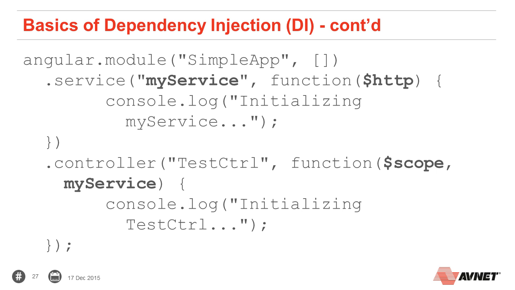So before this controller can be instantiated, the MyService needs to be instantiated. If the $http service has not yet been instantiated, it would need to be instantiated. And then this service is just logging into our console, initializing MyService. So when this does get instantiated, you would see this message. Likewise, when the test controller gets instantiated, we're logging, in this case, initializing test control.